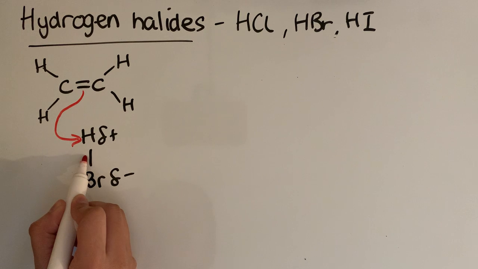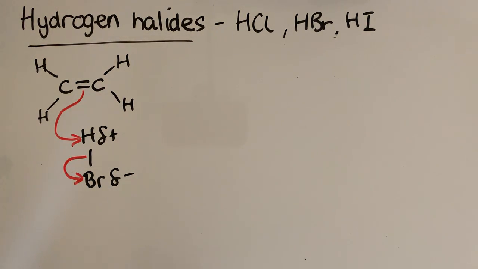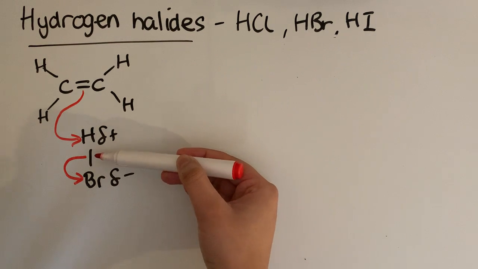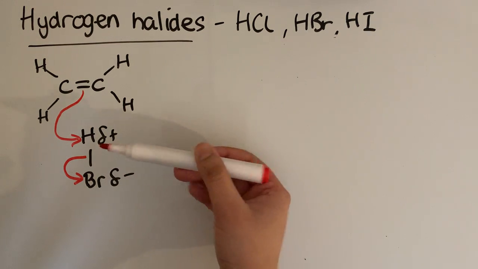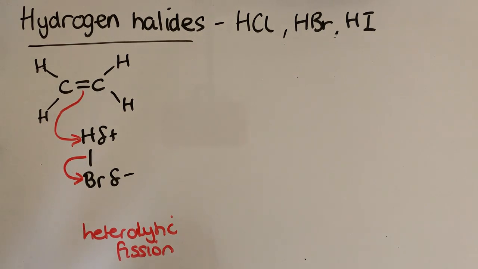So curly arrow from that bond to the Br delta negative. Remember, this type of bond breaking is heterolytic fission. That's worth remembering because you could get asked that in the exam.